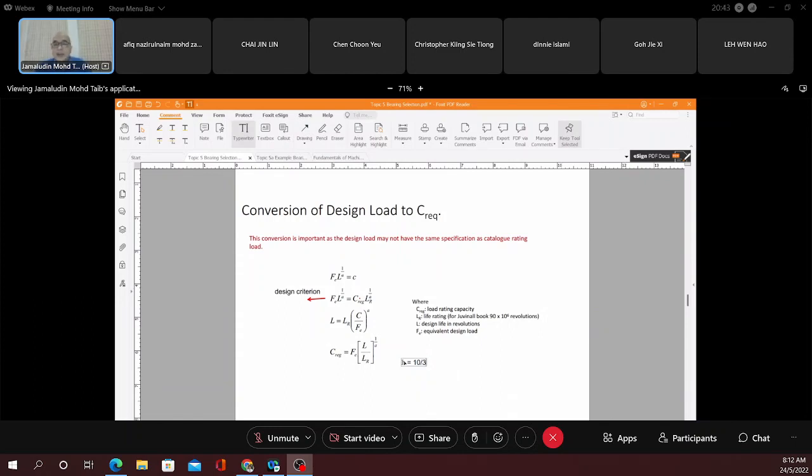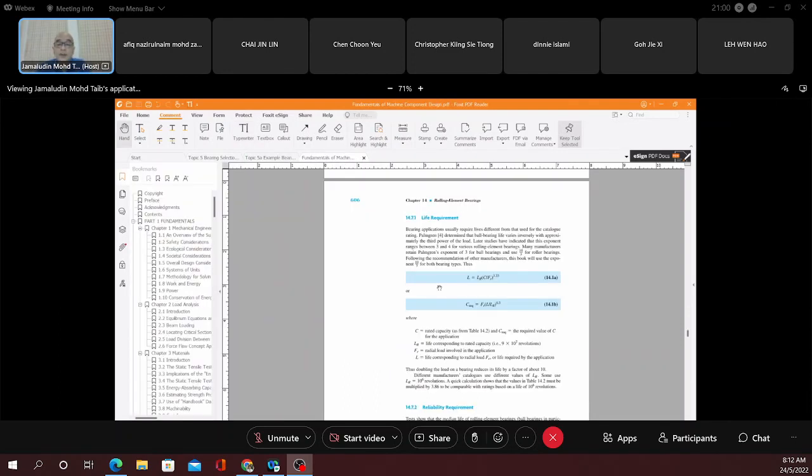That's the main reason there. However, certain catalogs may be specifically designed so that a for ball bearing is 3 and a is 10/3 for roller and tapered. Be careful, you have to check this value. For Juvenile, it is going to be 10/3.